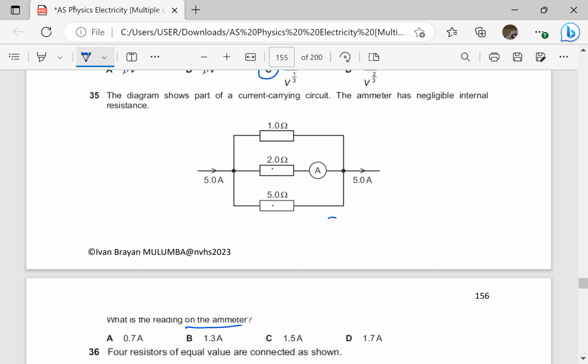Okay, if this is I, because this resistor is 5 divided by 2, I mean, this resistor here is 2. When I multiply 2 by 2.5, I get 5.